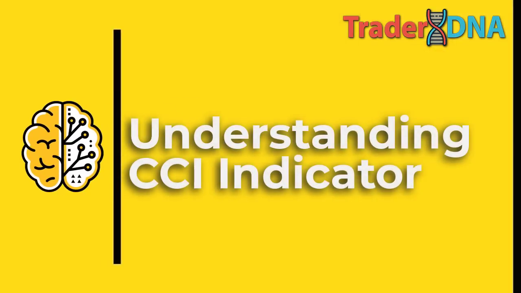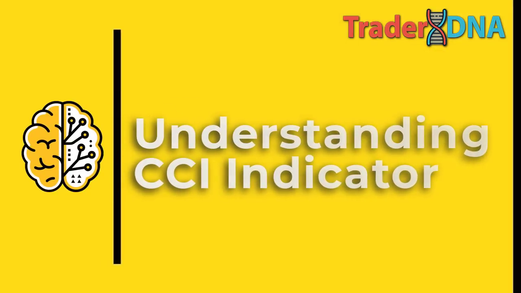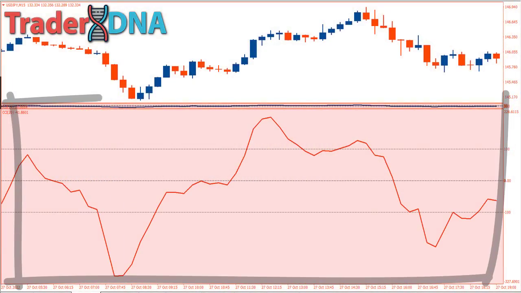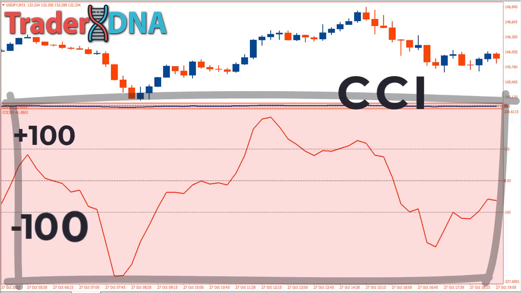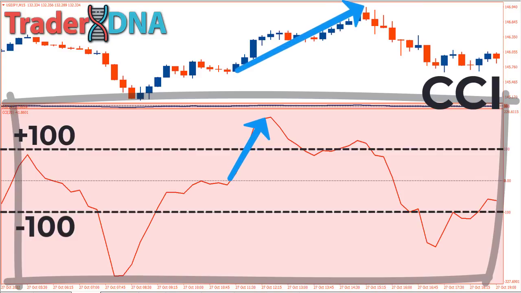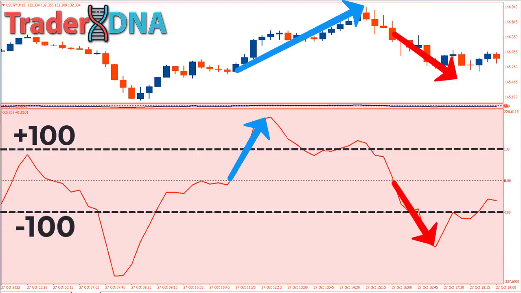Understanding CCI indicator. The Commodity Channel Index is an important charting tool that measures the current price of a security relative to its average price level over a given period. The indicator's reading tends to be relatively high whenever the prevailing price of a security is far above the average. Similarly, the reading tends to be low whenever the price is far below the average. Just like the RSI indicator, the CCI indicator can be used to ascertain overbought and oversold market conditions on a given security under study.